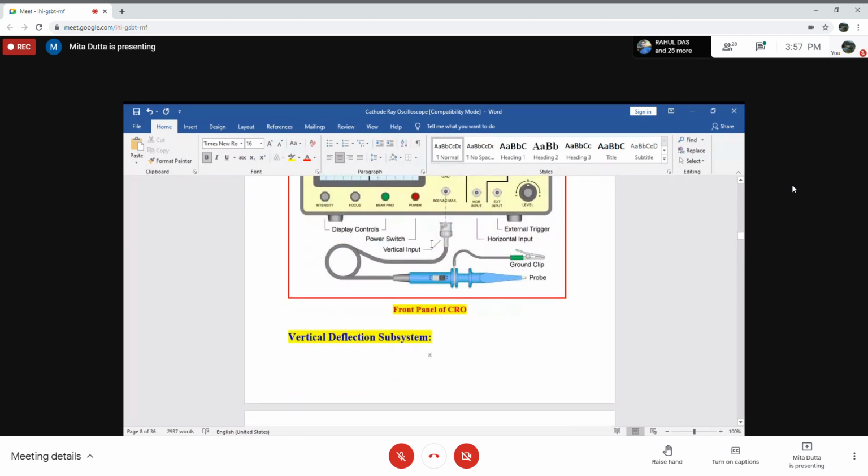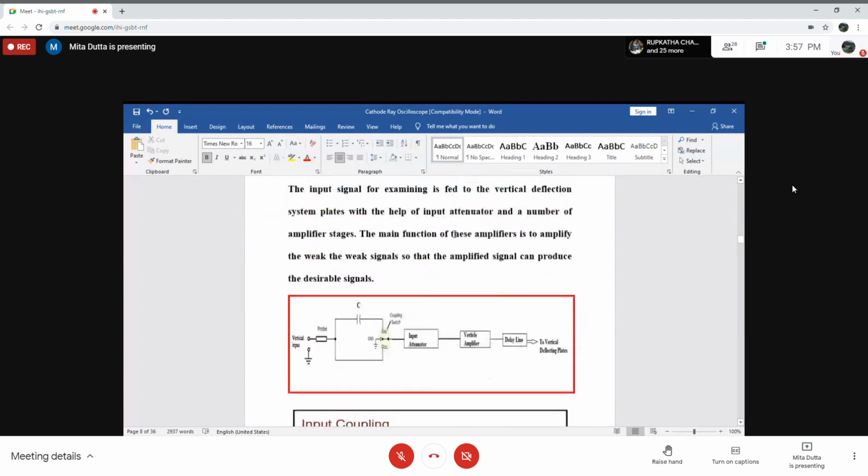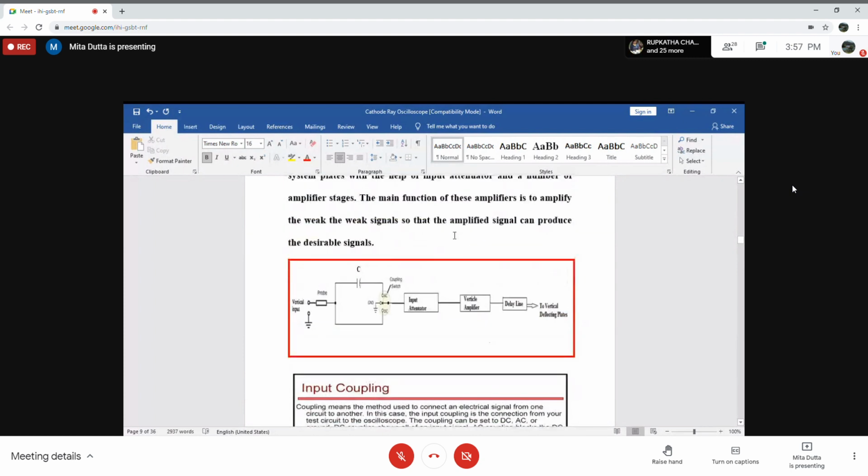Now come to the vertical deflection system. From the figure we have seen, it consists of a coupling switch, then an attenuator, then a vertical amplifier, and then a delay line. Now what is the function of this coupling switch?